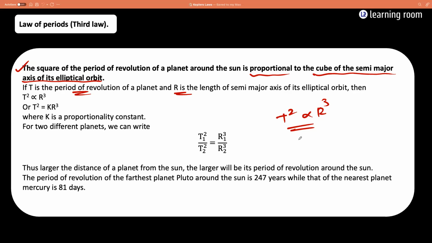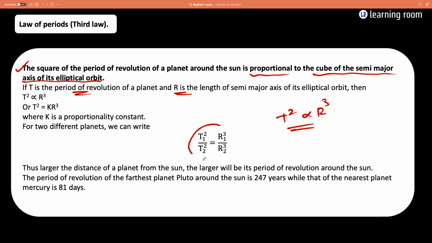So when you remove the proportionality symbol, you need to introduce a constant, which is just a proportionality constant. It has not much importance here, because we don't discuss about it. It's clear.